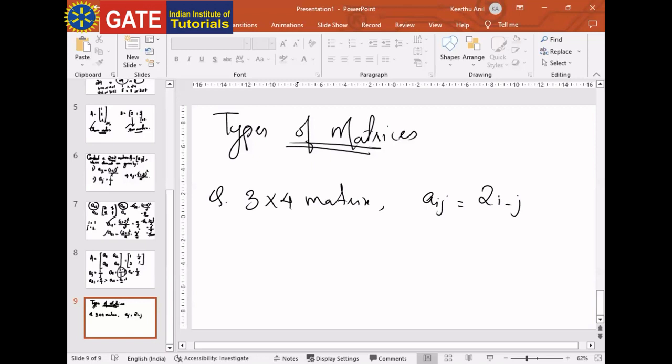This question you can do as homework. Substitute the values of i and j and form a 3 by 4 matrix, which means the matrix should have 3 rows and 4 columns. Okay, right? So I hope it is clear for you people.